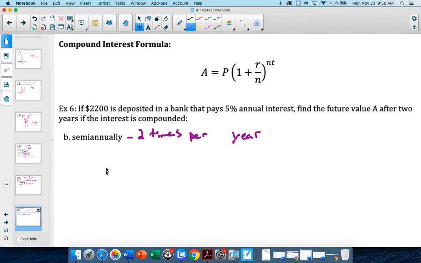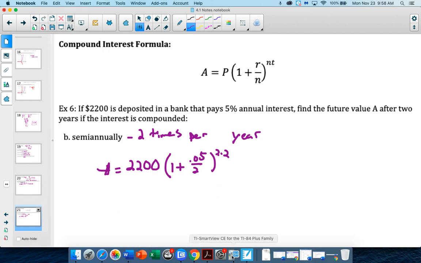So this is going to be 2,200 times 1 plus 0.05 over 2 to the 2 times 2 power.